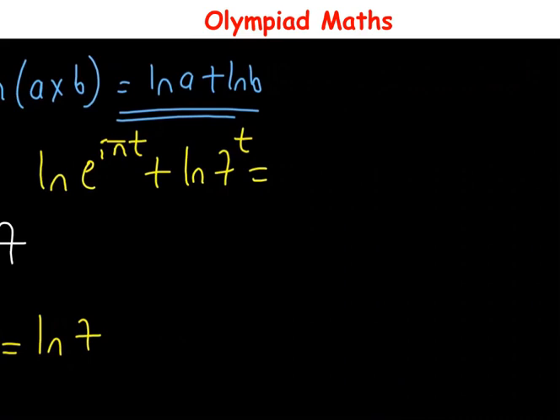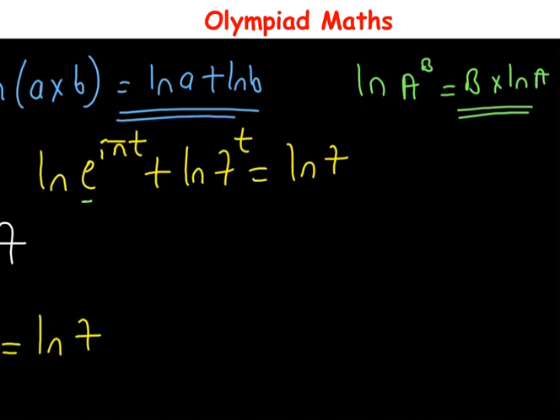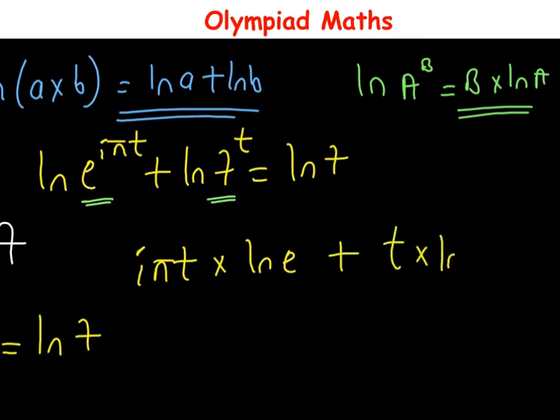We also apply the rule that ln of A raised to power B equals B times ln A. Applying this here and here, we have i pi t multiplied by ln e, plus t multiplied by ln 7, is equal to ln 7. Now the value of ln e is equal to 1.